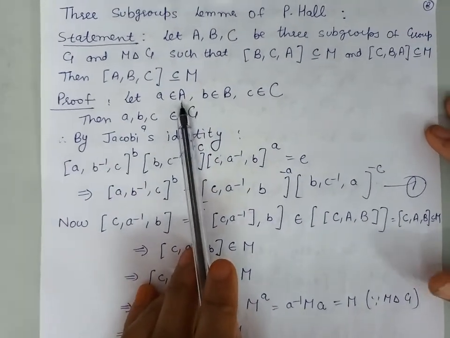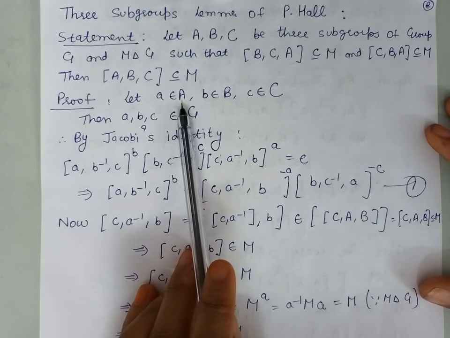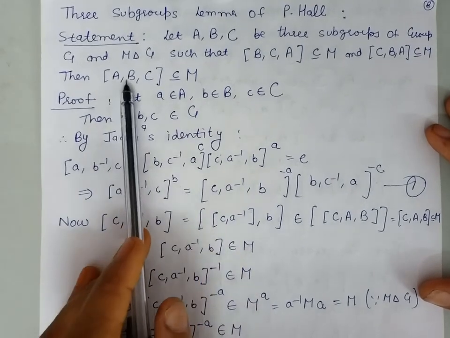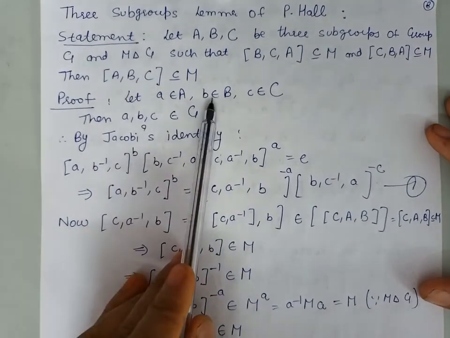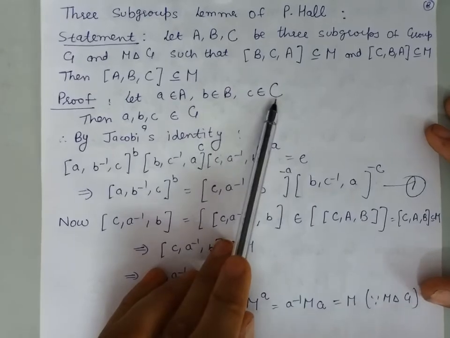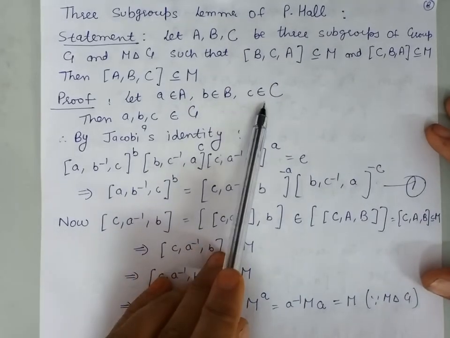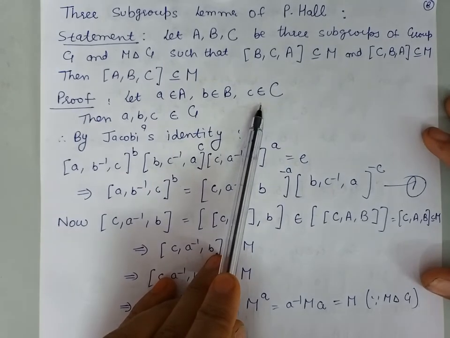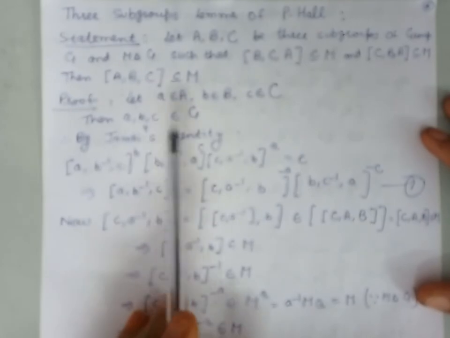Jacobi's identity we discussed earlier. According to this identity, we have three elements a, b, c. Here we have taken a belonging to A, b belonging to B, c belonging to C. Because A, B, C are subgroups of group G, these three elements are also elements of the group G. Now we can use Jacobi's identity.